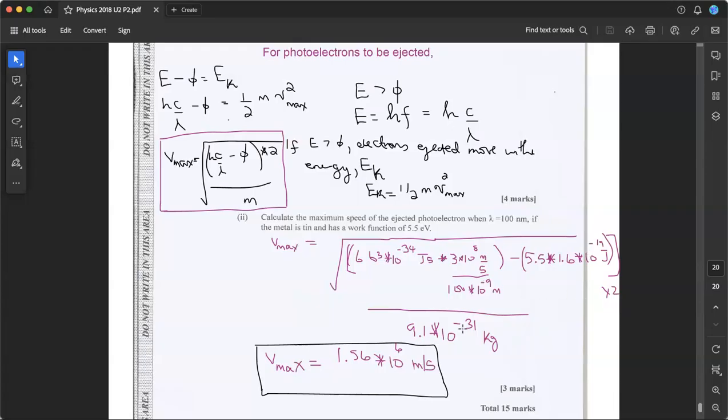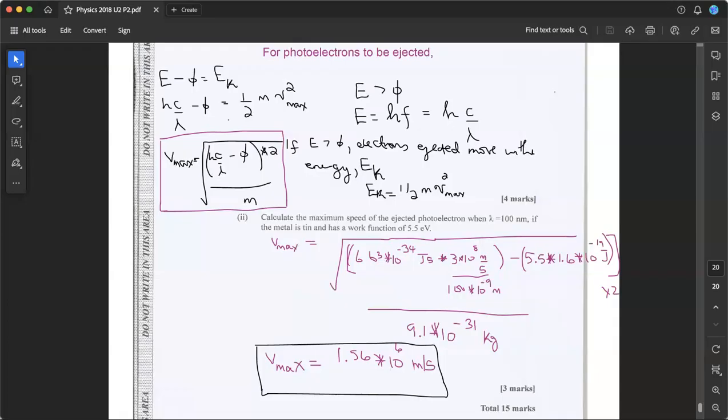When we do that, we come up with a v max of 1.56 times 10 to the 6 meters per second. All they're asking us to do is apply the expression we derived in part 1 and plug in the necessary values to get our v max.